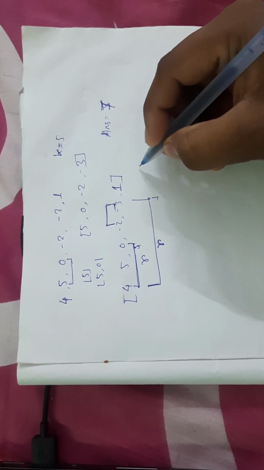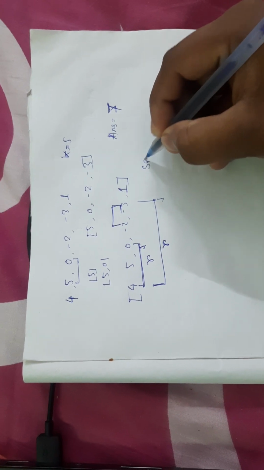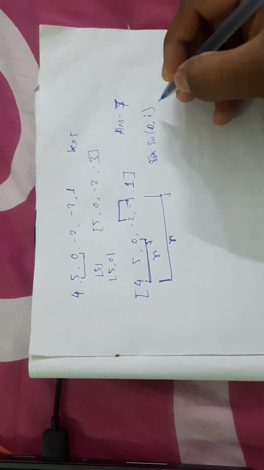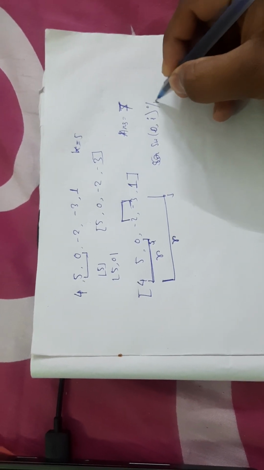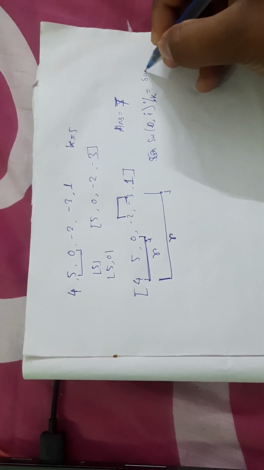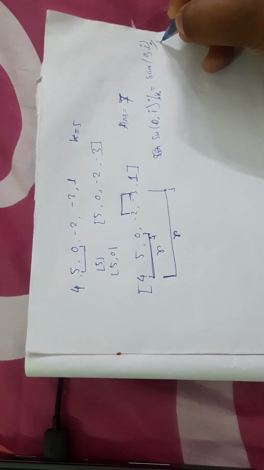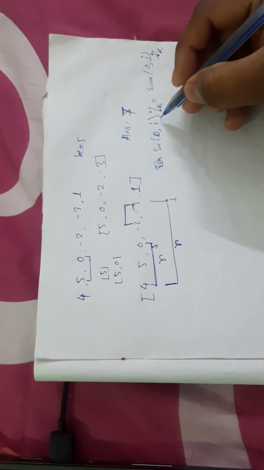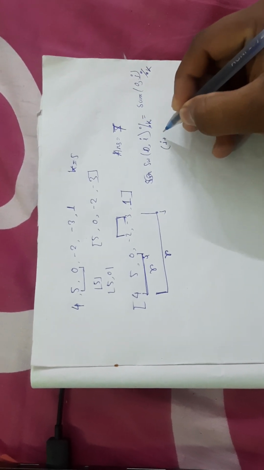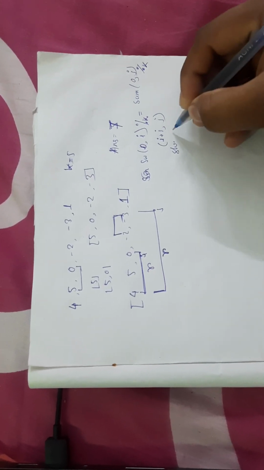So the formula for this: if sum from 0 to i modulo k is equal to sum from 0 to j modulo k, so if both the remainders are the same, then there is a subarray from i plus 1 to j which should be divisible by k.